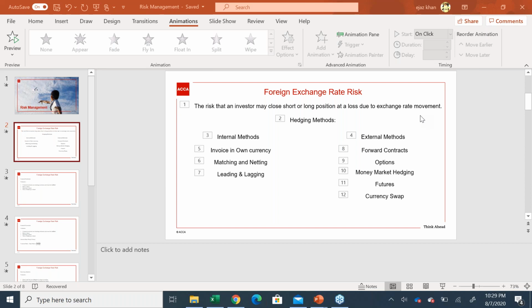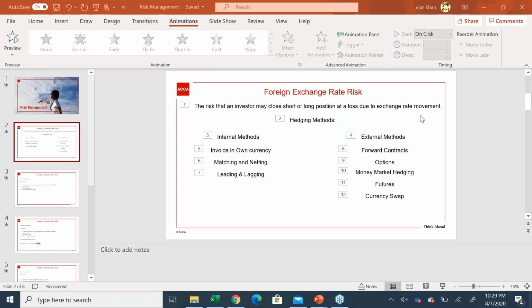For example, if you have to make a payment after 1 month of, let's say, $1,000 US dollars, and it's a foreign currency for you, and let's say $1 is equal to one local currency unit. Now they are equal, right?